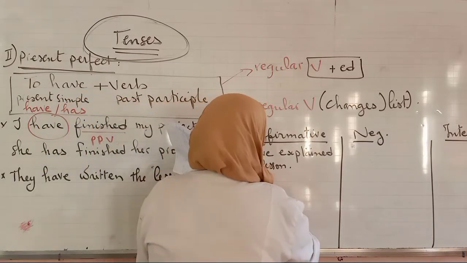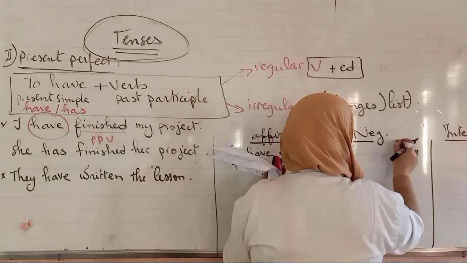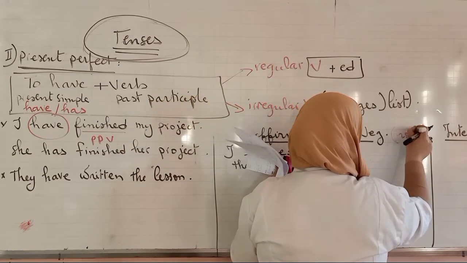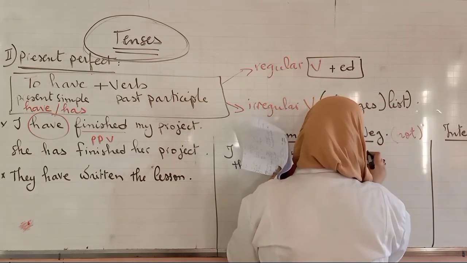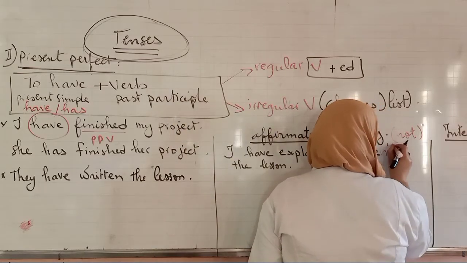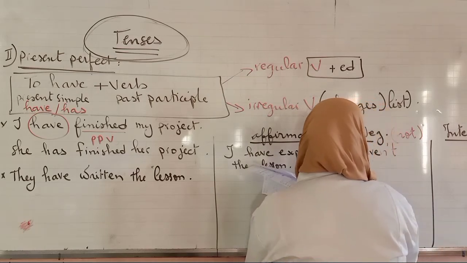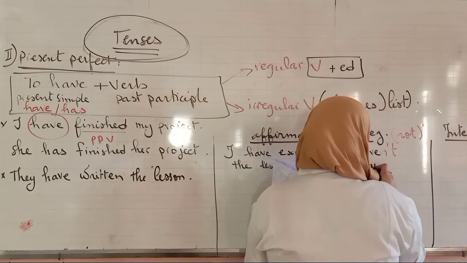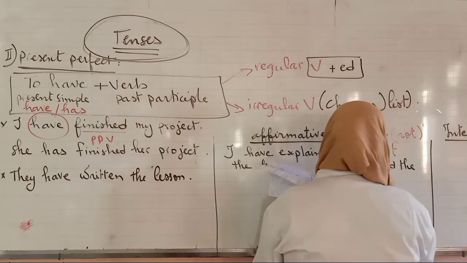So here, if I want to use the negative form, of course we know that the negative form is with the not, okay? So I say, I haven't, of course I abbreviate, so have not, haven't, okay? Explained, I haven't explained the lesson.